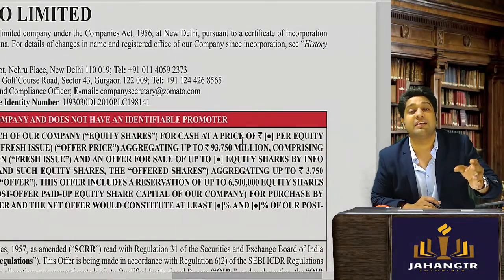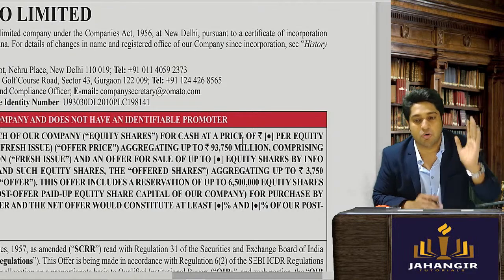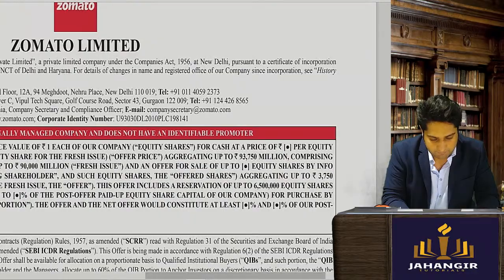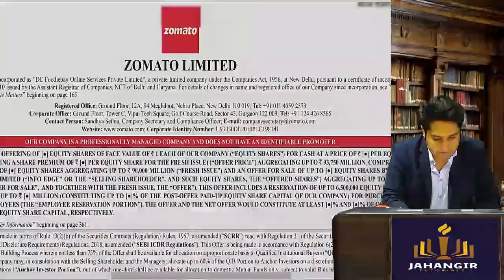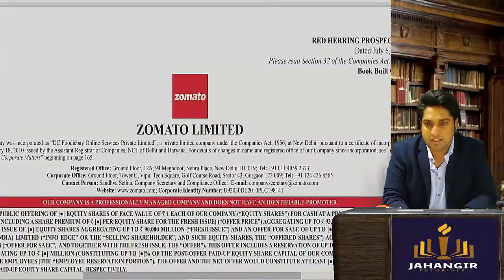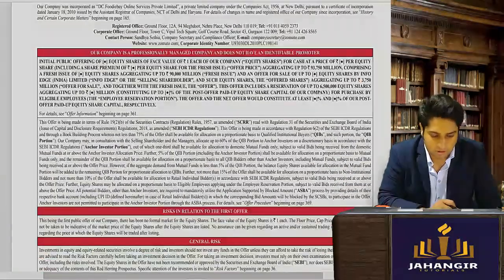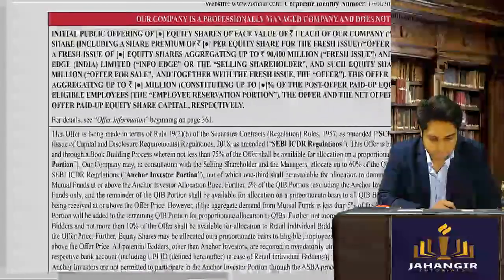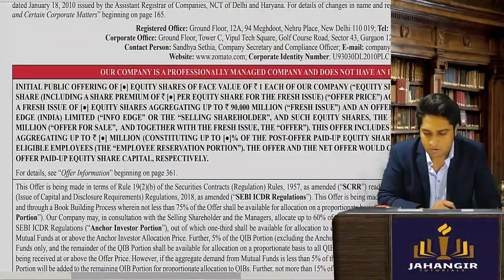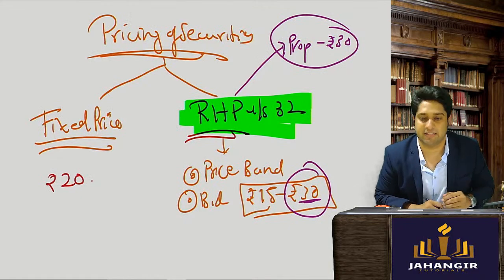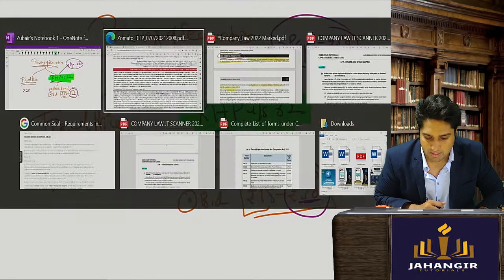Here the price is also not given. They will issue a price band within which the company needs to issue it. So as we saw, it does not contain the offer price, but it is simply bidding that needs to be done within a specific range.